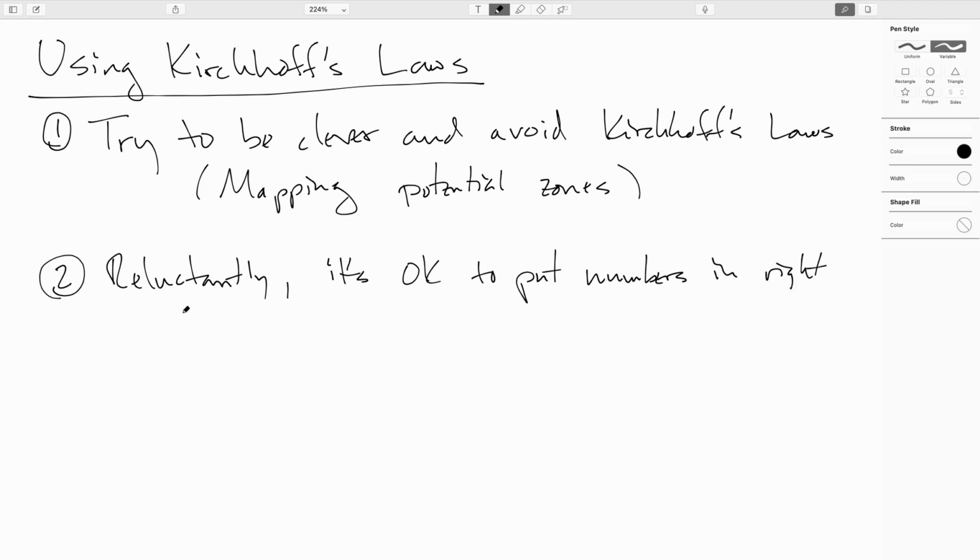But only for Kirchhoff's laws situations. And why do I say that? Now I'll put in the caveat, but be careful.